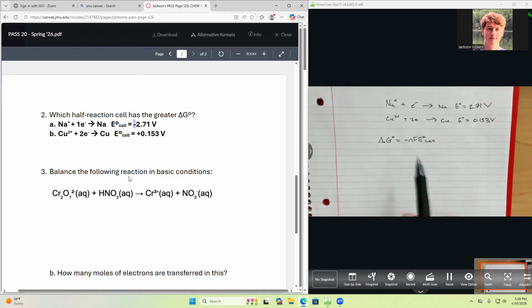Let's ignore anything weird with this. All we're doing is plugging in what n would be in the E standard cell and seeing what's going to give us a better value or a greater value.